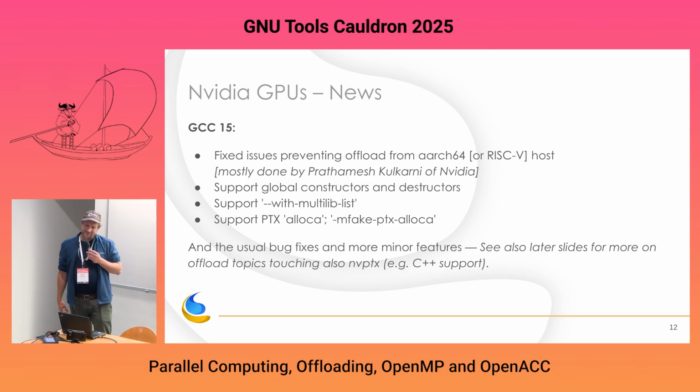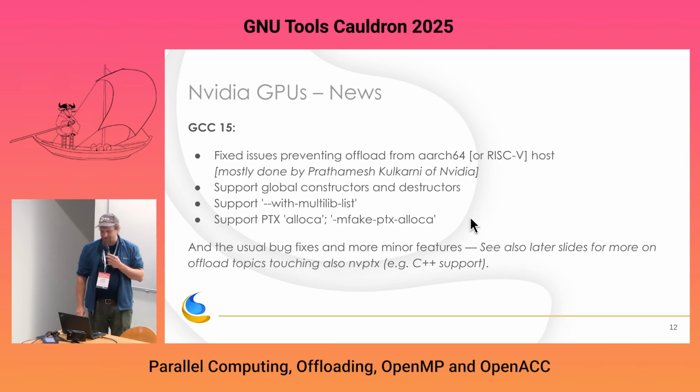That's not useful if you want to compile libstdc++. And then, of course, I could have added special cases for all that code and just removed those pieces for NVPTX, but that seemed more effort than adding this flag here, fake PTX alloca.